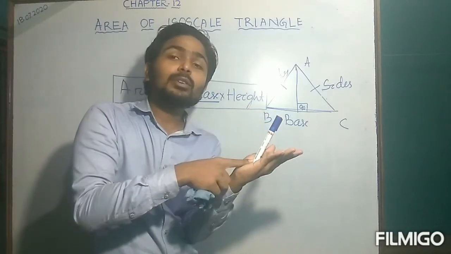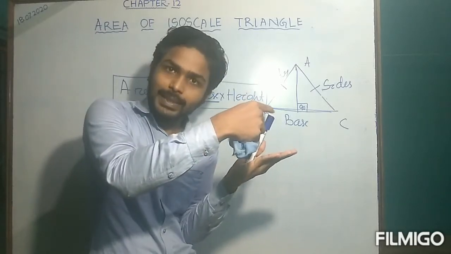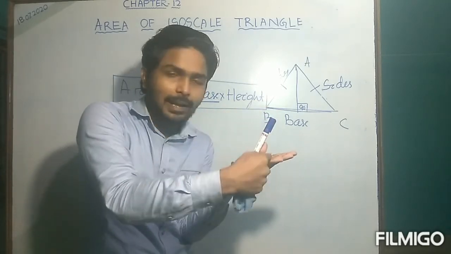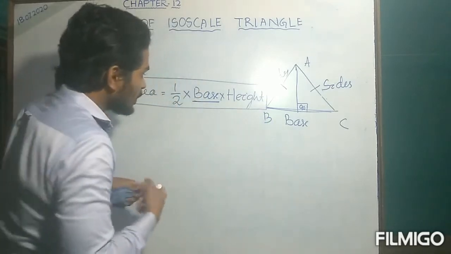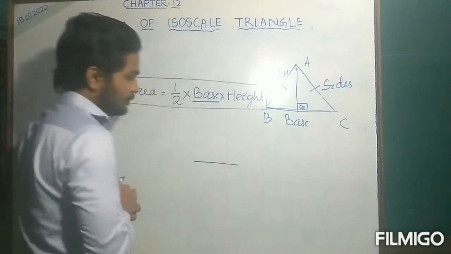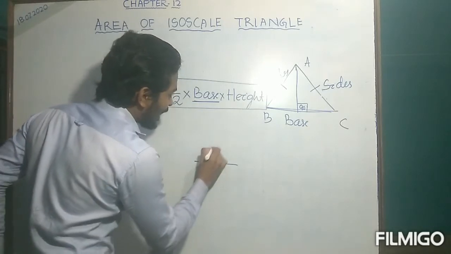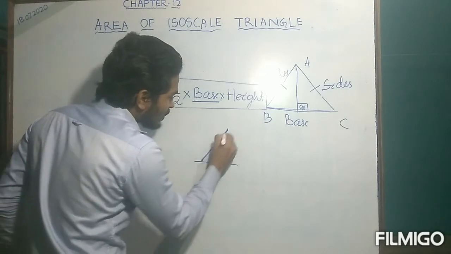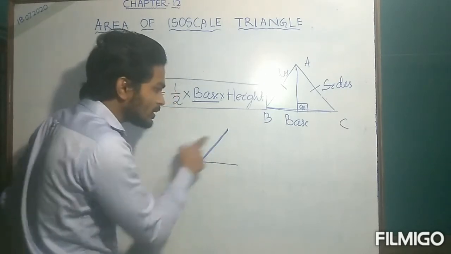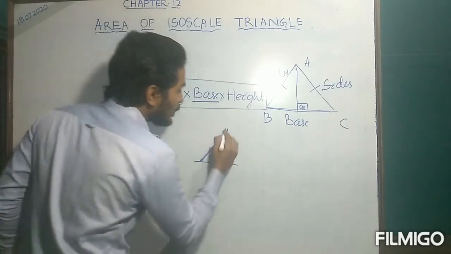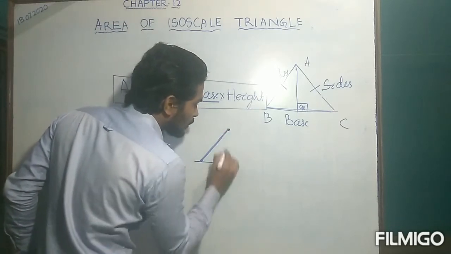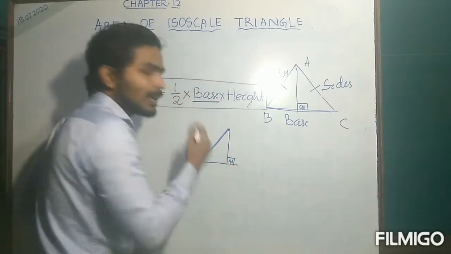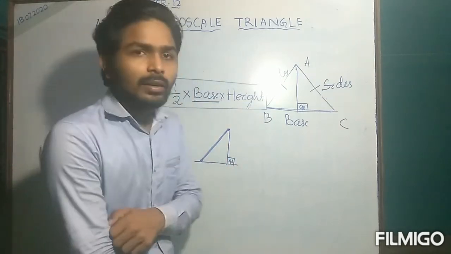No, the height of the pole is the distance from the tip to the base, which is perpendicular. Suppose the pole is standing like this, then is this the height of the pole? No, this is not the height. The height of the pole is from the tip to the base, the minimum distance, or you can say the perpendicular distance. This is the height of the pole.